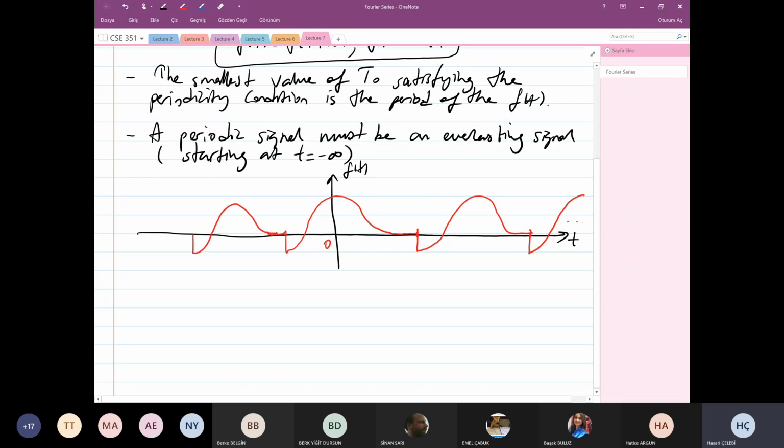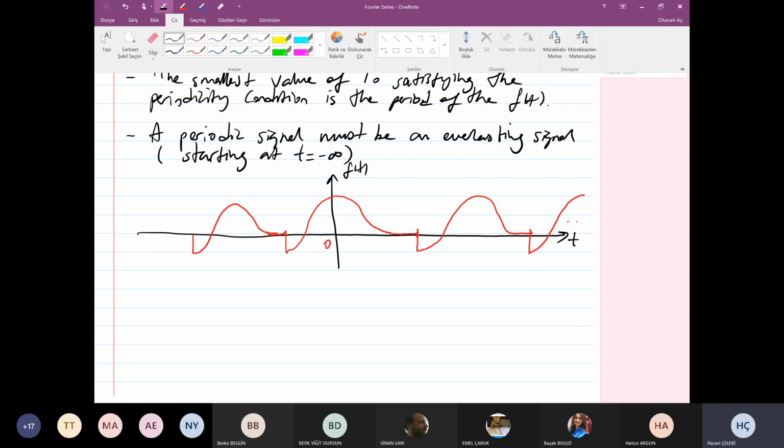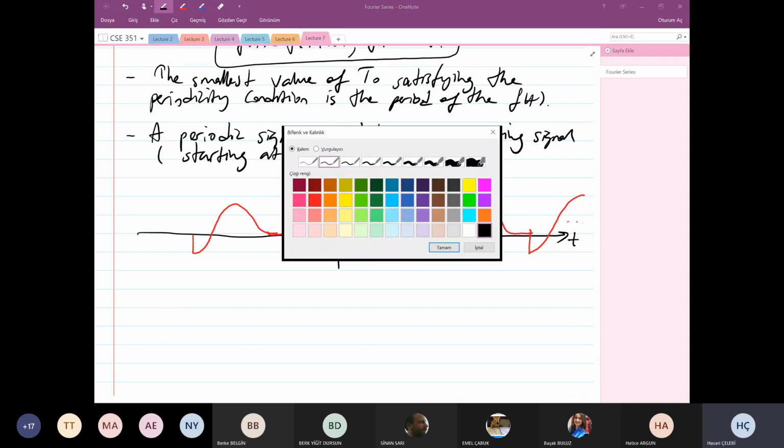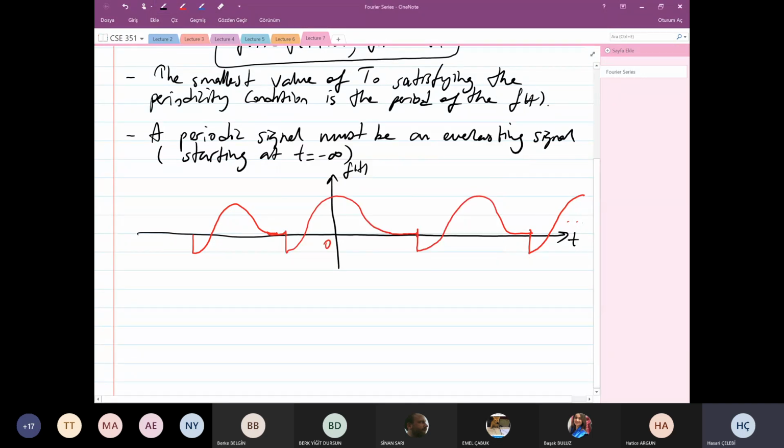Each of these copies is equal to each other, and they replicate every T0, as if you are copying the same information over T0 and over. This is one copy over T0, this is another copy, and this is another copy.